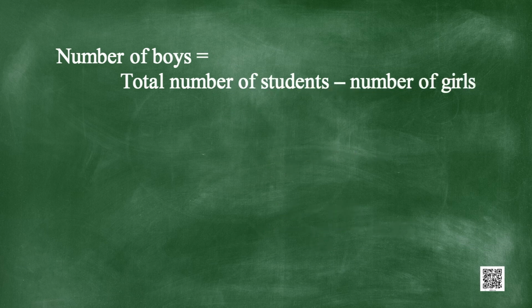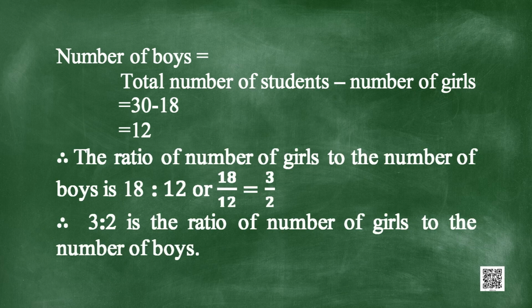So we have considered the total number of students to be x and we found that x is equal to 30. So, the number of students is equal to 30. If girls are 18 in number, then the number of boys will be 30 minus 18, which is equal to 12. So, there are 18 girls and 12 boys in the class.